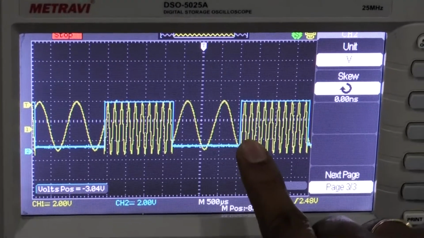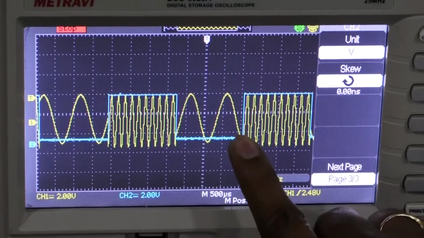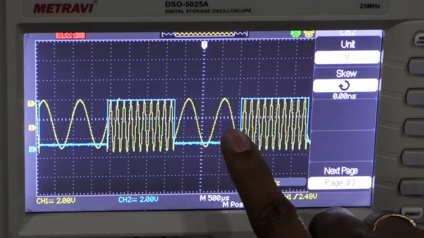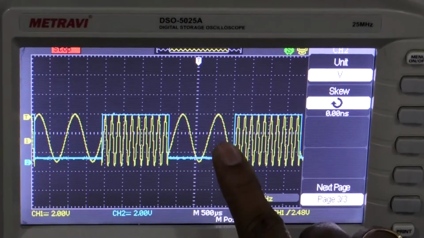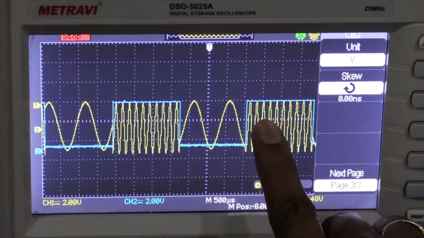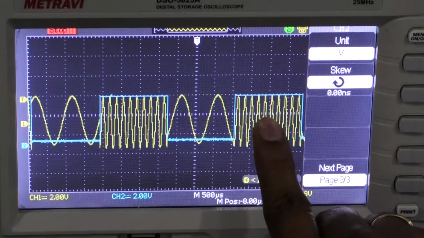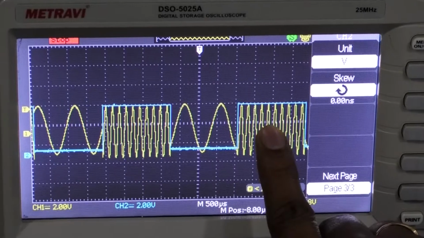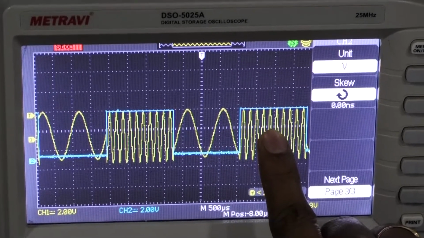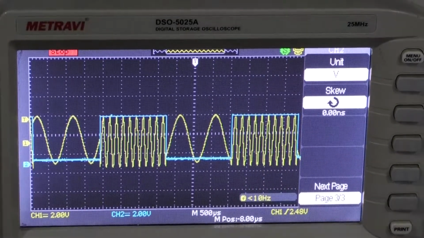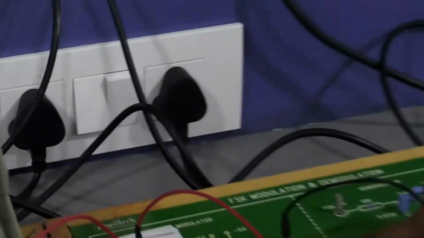So this is frequency shift keying, shifting in the sense of modulation, or in terms of delta F, the frequency deviation. The frequency can be changed between high and low, then you will get the modulation index of the frequency shift keying. So this is about the FSK modulation.